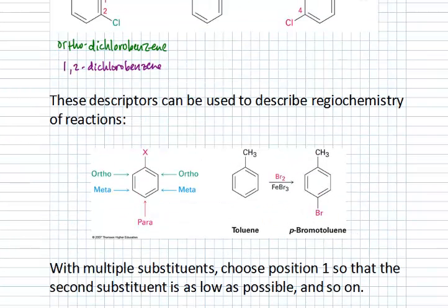We can talk about the ortho, meta, and para positions to describe regiochemistry of our reactions, which we'll do a lot of in chapter 16. So if I have something already attached at one site, if something else adds to it one carbon away, we can call that an ortho addition, or there's a meta addition or a para addition. For instance, adding bromine to toluene here with the methyl group adds para.